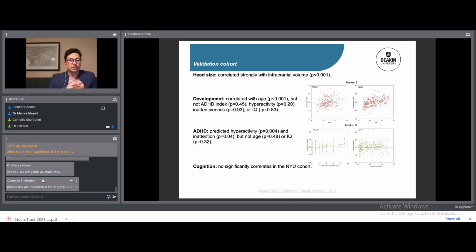Our ADHD marker was able to predict both hyperactivity as well as inattentive symptoms, but importantly not age or IQ. And our cognitive marker didn't predict anything in that cohort, but they didn't have cognitive measures other than IQ, and IQ wasn't one of the significant ones from that. So yeah, each of our markers was able to predict the corresponding phenotype across an independent cohort, which was nice.